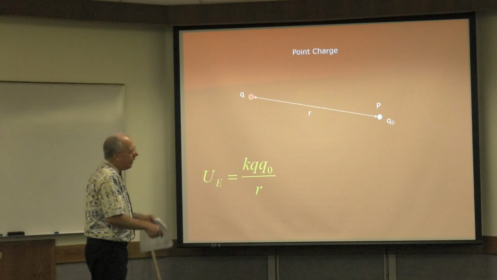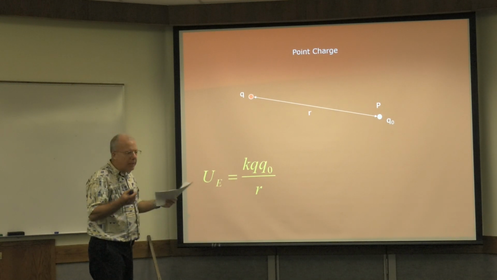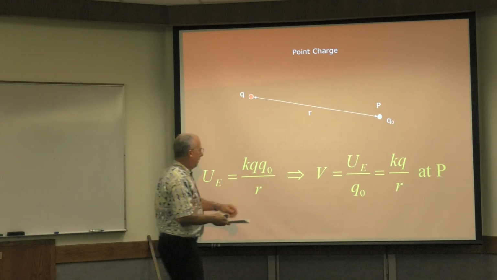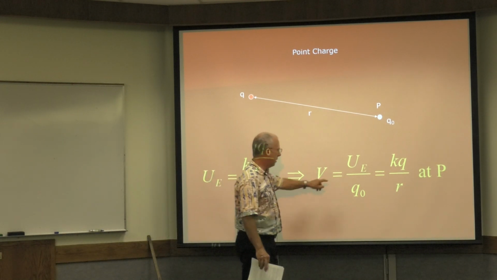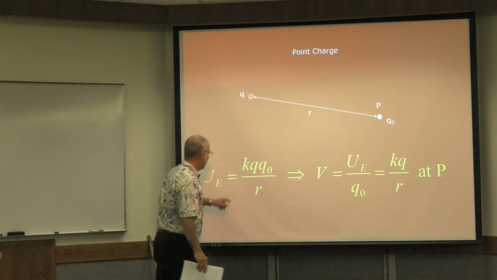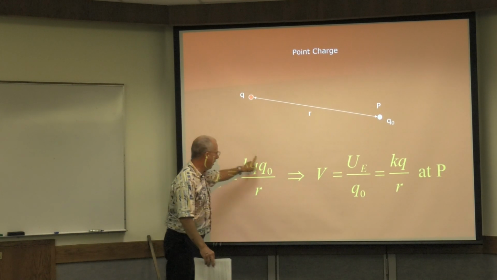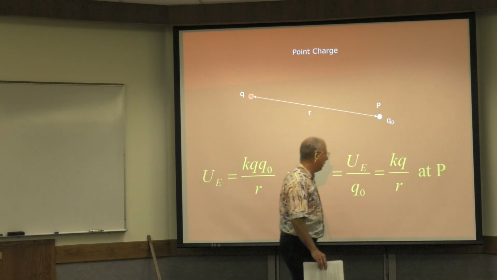Now, that's great, but I want to know the V field, the voltage or the potential, right? No problem, just use the formula. So the potential is just the energy over the probe. So we take this, divide by the probe. You just get KQ over R, right?